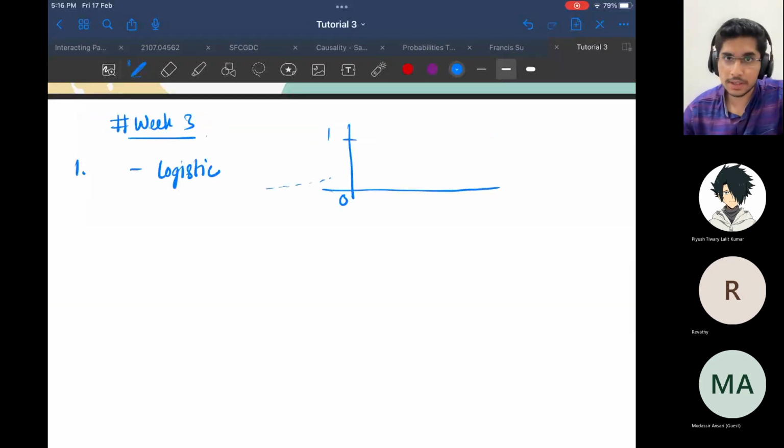So we were discussing which of the activation functions would work best for a multi-classification problem. Let us look at the options. The second option is the logistic function. The logistic function looks something like this, a function that goes from here to here, upper bounded by one and lower bounded by zero.